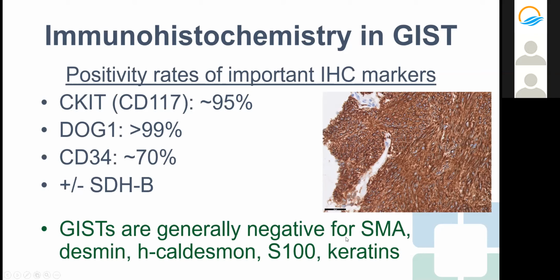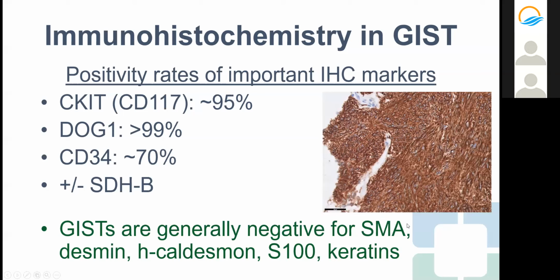Keratins are markers of epithelial differentiation, so there's something that a carcinoma would express rather than a sarcoma type tumor. Of course, these markers aren't always negative, so I don't want to drill this into your mind as a hard and fast rule. There can be focal, sort of patchy, weak expression of all of these markers in GISTs in small percentages of tumors.